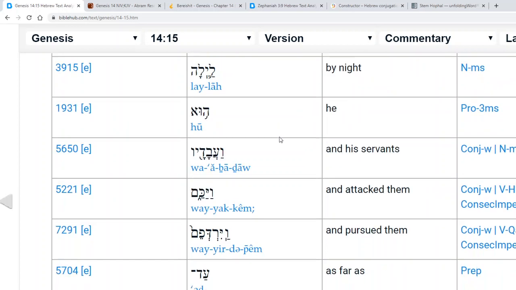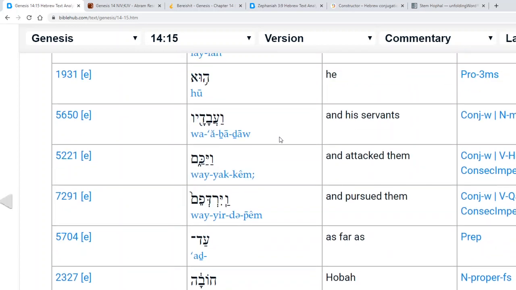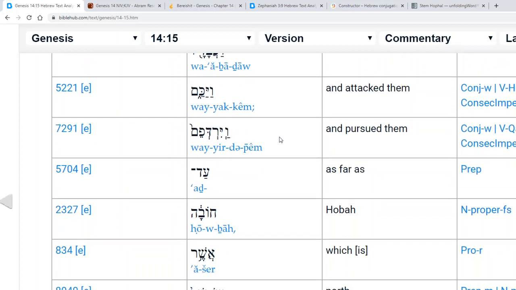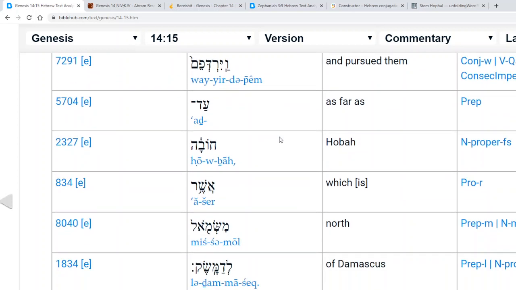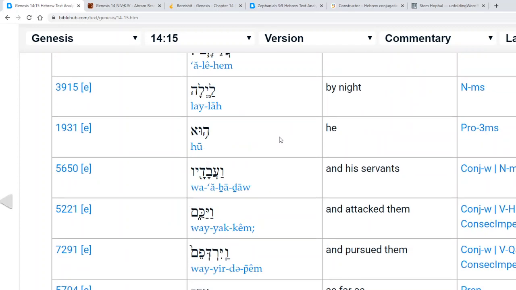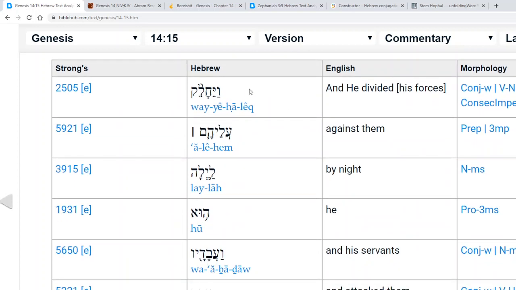Vayechalek aleihem laila hu va'avadav vayakem vayirdefem ad chova asher mismol ledamasek. Okay. So, vayechalek, the root here is chet lamed kof, which means to divide up, right?